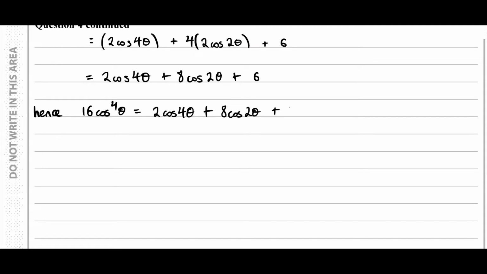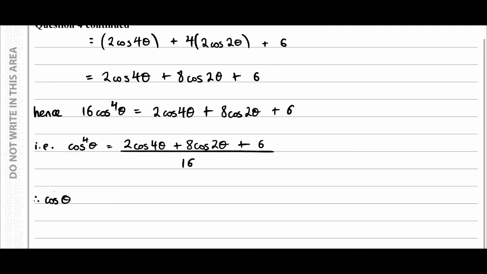And if I divide through by 16, cos theta to the power of 4 is equal to 2 cos 4 theta plus 8 cos 2 theta plus 6, all over 16, from which we can of course conclude that cos theta to the power of 4 equals 2 over 16, which is an eighth.